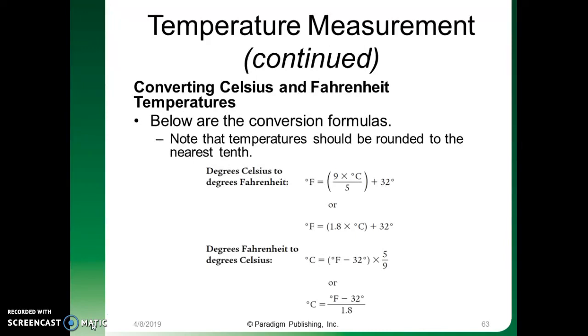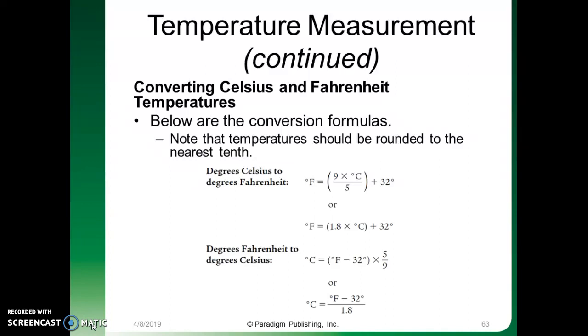Converting from Celsius to Fahrenheit, the known factor is Celsius, so this is the equation: 9 times degrees Celsius divided by 5, then add 32. Or you can use 1.8. So Fahrenheit equals 1.8 times Celsius plus 32.